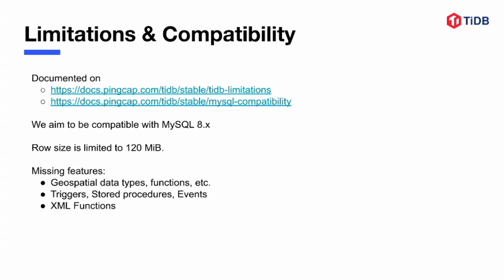And there are quite a few features that we don't support yet, like triggers, stored procedures, events, XML functions, geospatial data types. But this list used to be a lot longer, and we've now implemented foreign keys, which we didn't used to have. And we are now working on full text search options, and those are available in our cloud offering and should be landing in our normal product as well.